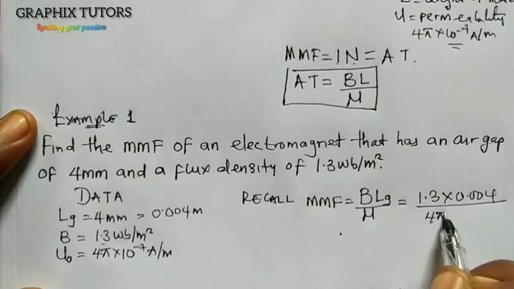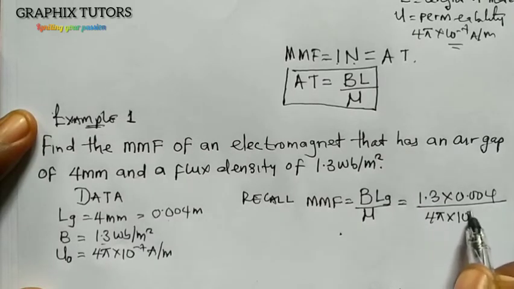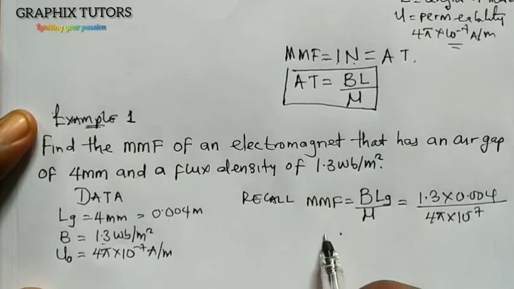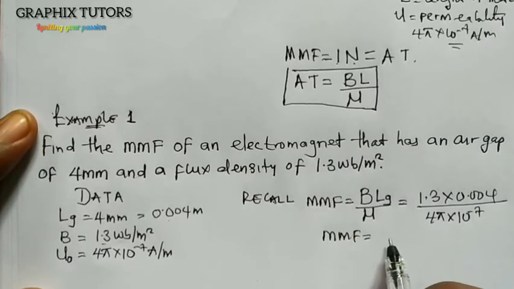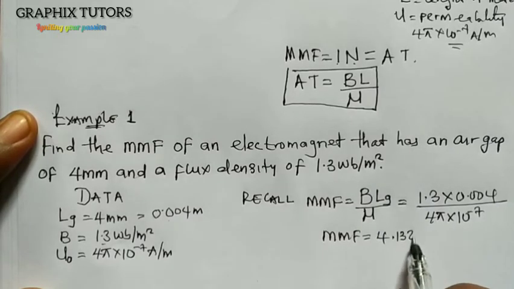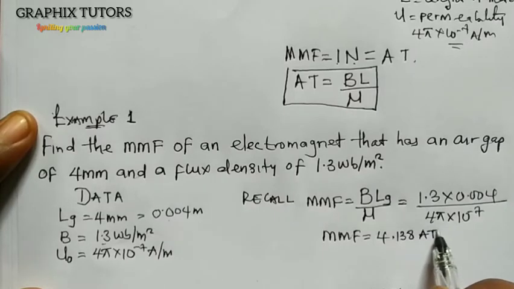So therefore my MMF will give me 4.138 ampere turns. You can call it 4138 ampere turns, that is the MMF here.